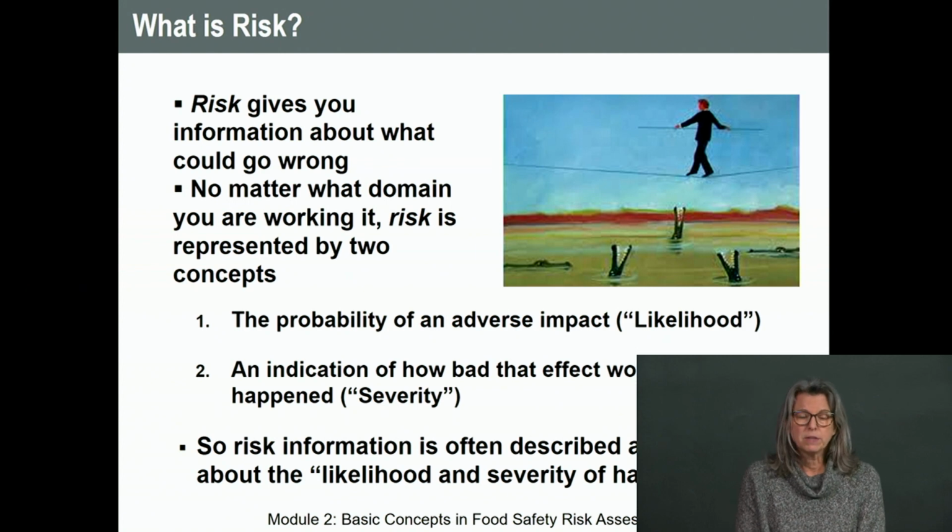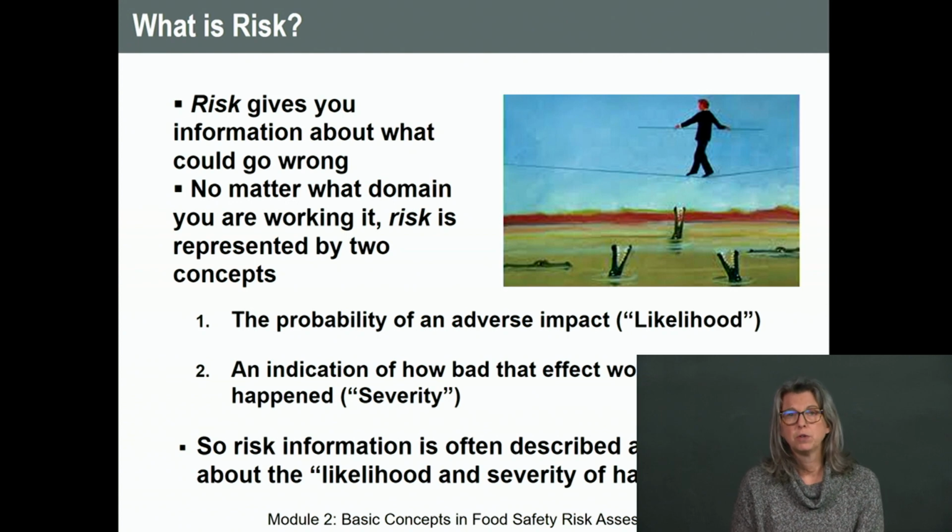Basically, risk is something that gives you information about what could go wrong. I'm sure you're familiar with this idea of risk being applied in many other situations besides food safety. It can also be applied in the environmental world, to things that could go wrong in the environment, such as water quality, air quality, soil quality, and so on. You can apply risk assessment to financial problems, in terms of how much could be lost and how bad it could be if you lost financial resources.